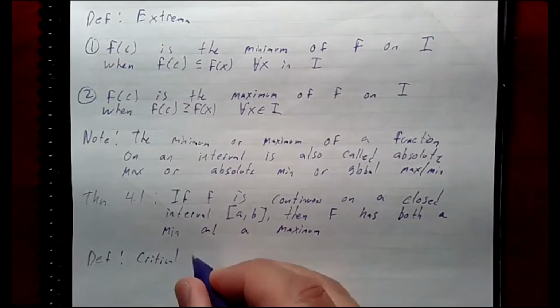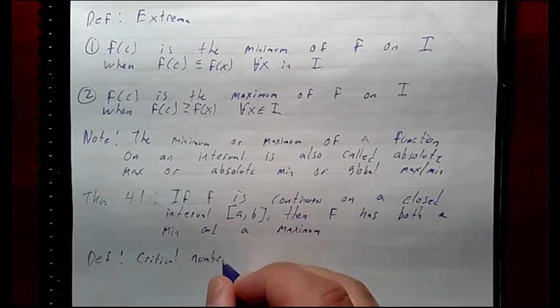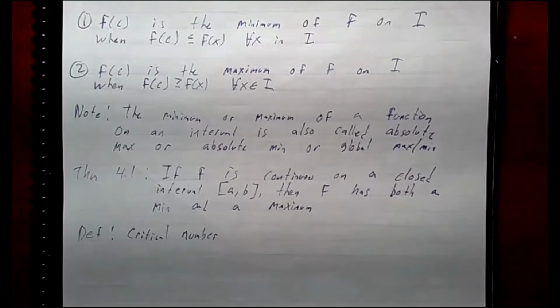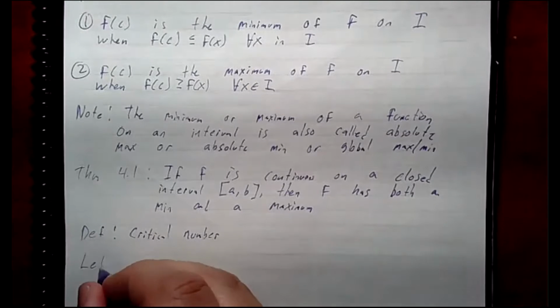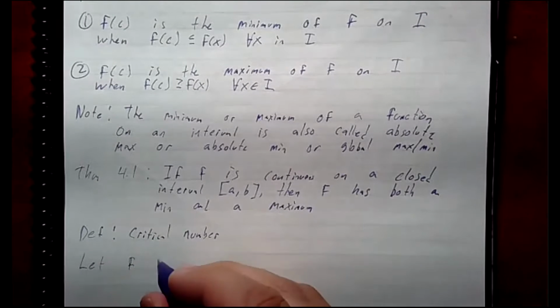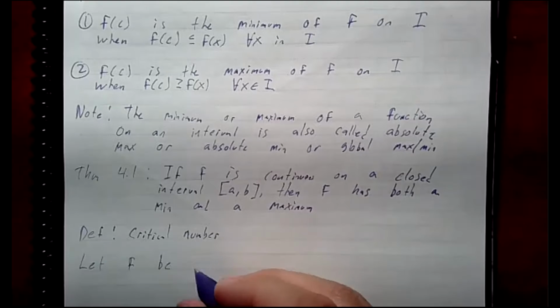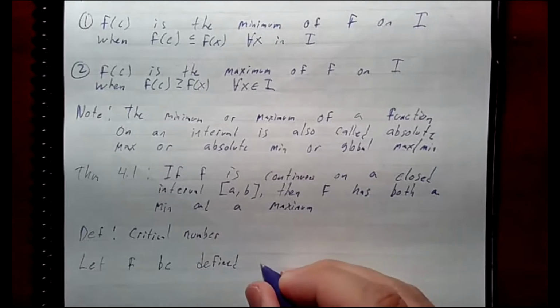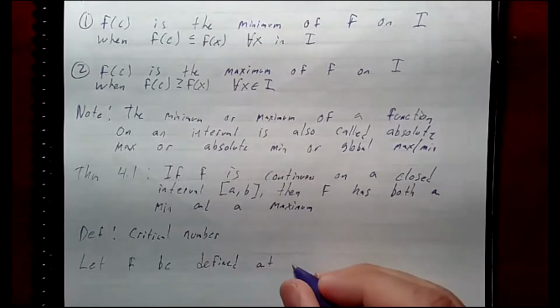Critical number. So the definition of a critical number: f is defined at c.